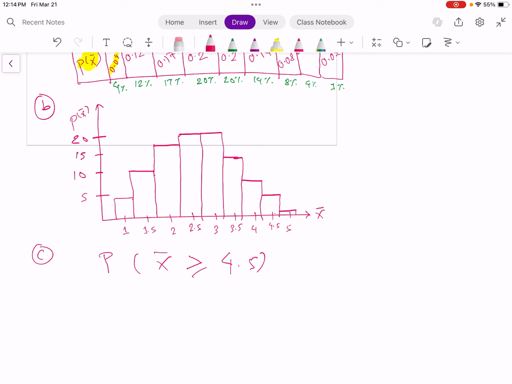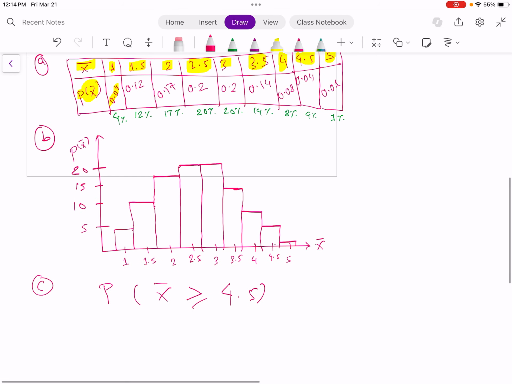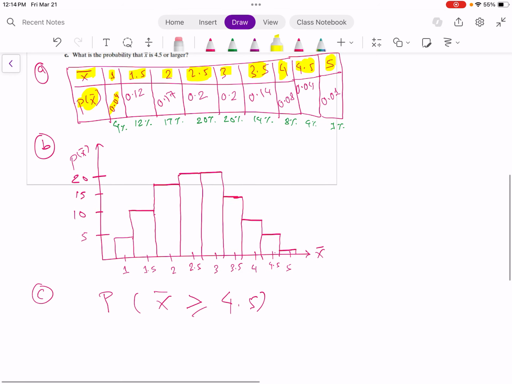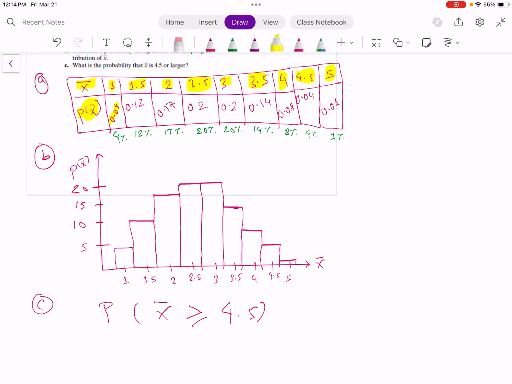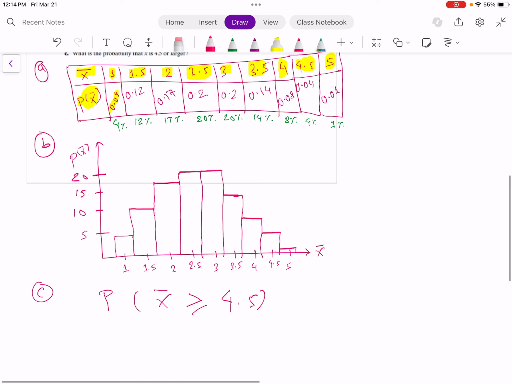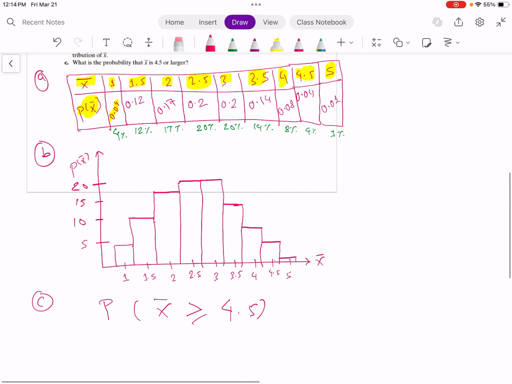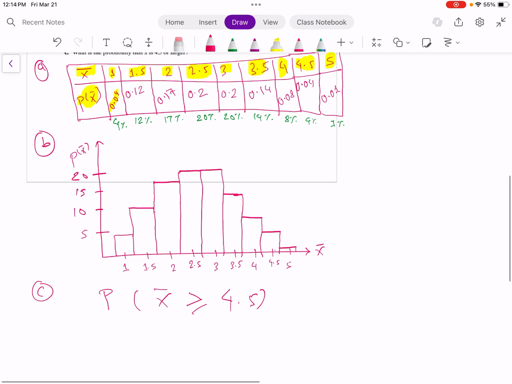Now what values do we have for x bar which are equal to 4.5 and greater than 4.5? So what are the values we have in the table? So we are looking at the x bar which is equal to 4.5 or greater than 4.5. So we have 4.5 and 5, right?